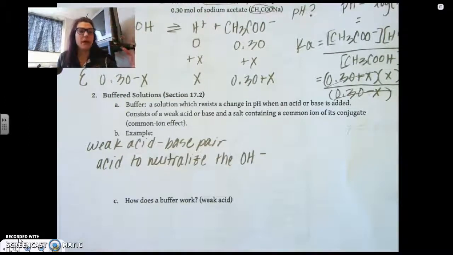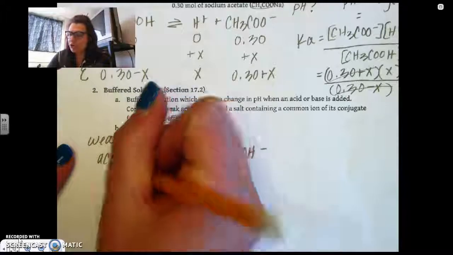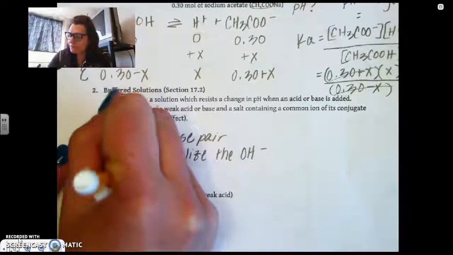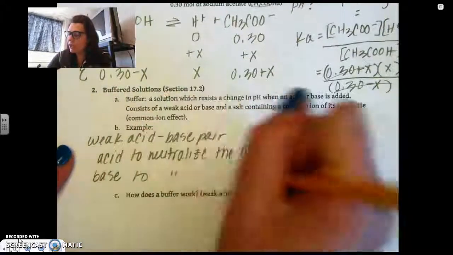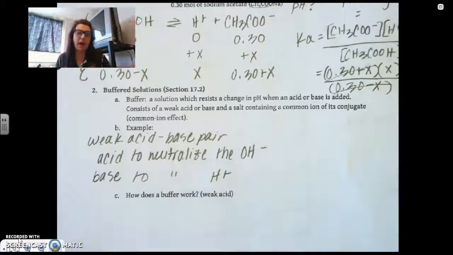There needs to be a weak acid present in order to take away the hydroxides in the solution to avoid making the pH change. And you would need a base to neutralize the H+. So like if you add hydrochloric acid, how will the base come in and take away the proton so it doesn't affect the pH, okay?